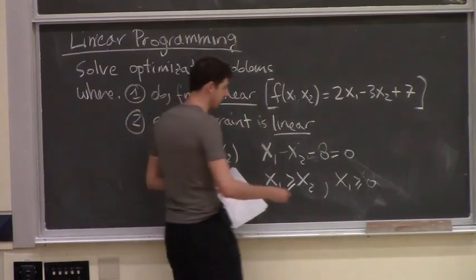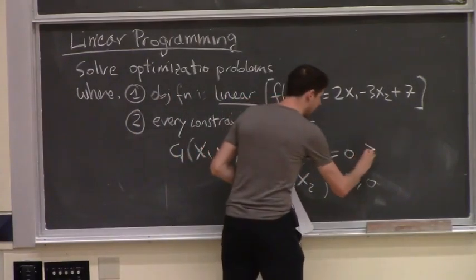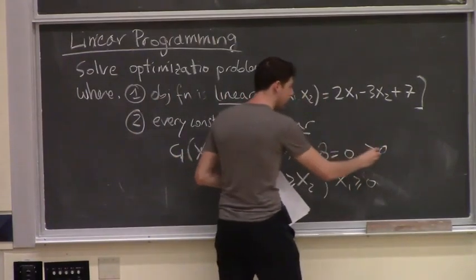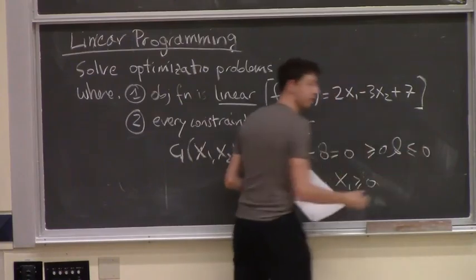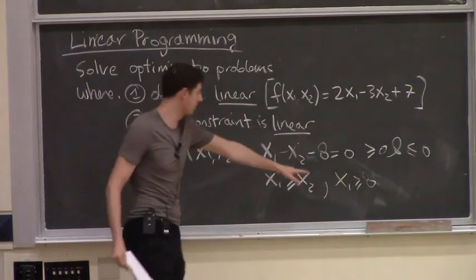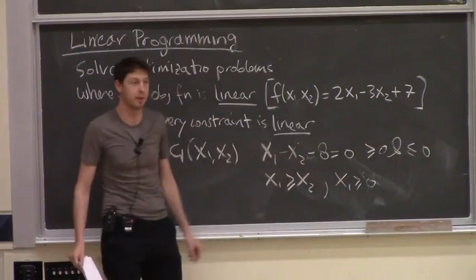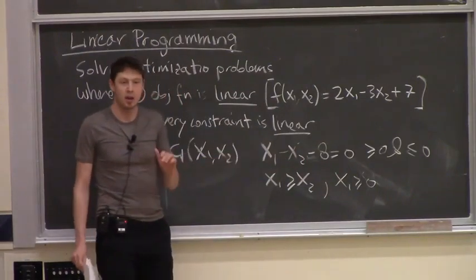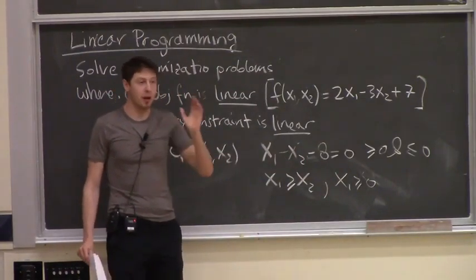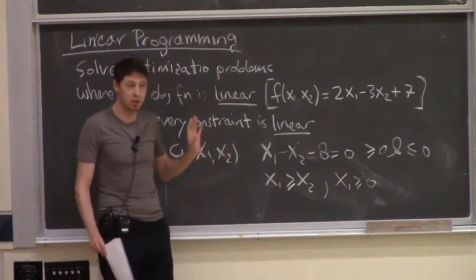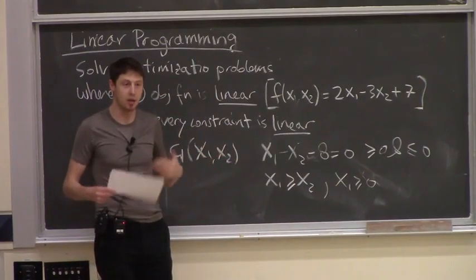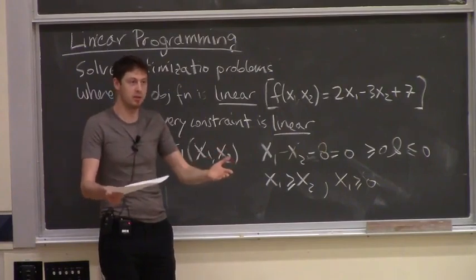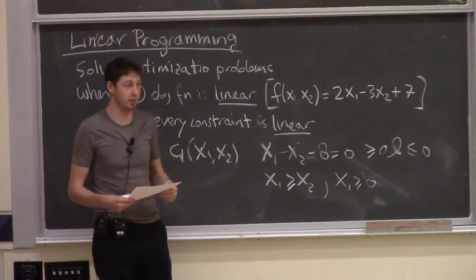So I can write this entire thing as at least 0 and at most 0, right? The intersection of these two constraints is precisely equal to 0. So I just want to say that we can just talk about inequalities, because equalities are just special cases. It's just two inequalities that hold together simultaneously.